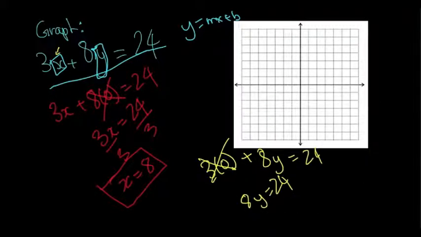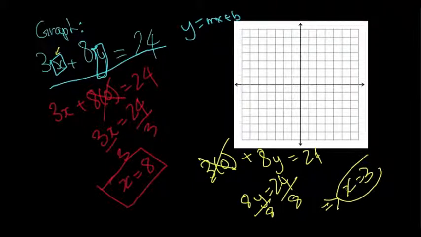I picked fairly simple numbers for this, but I'm using the calculator just to make sure everything is shown clearly. So we divide by 8 and we got our answer. I'm sorry, y is equal to 3.